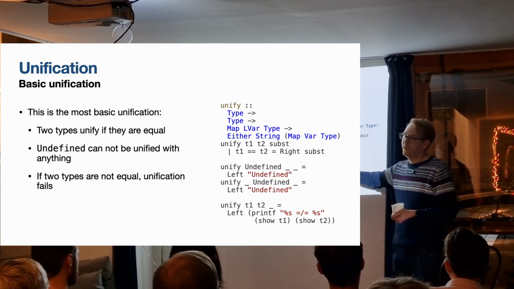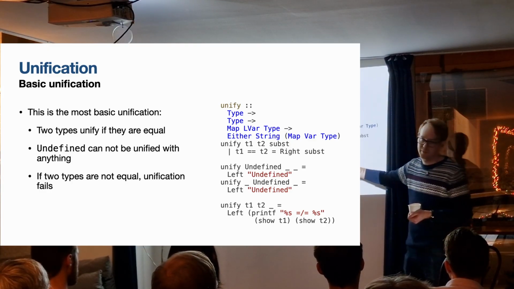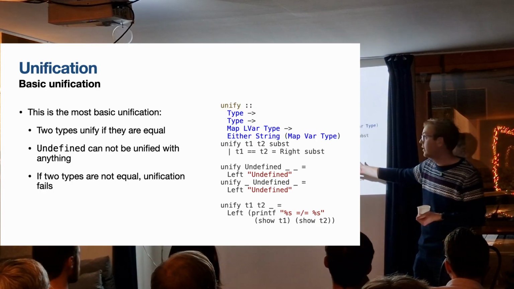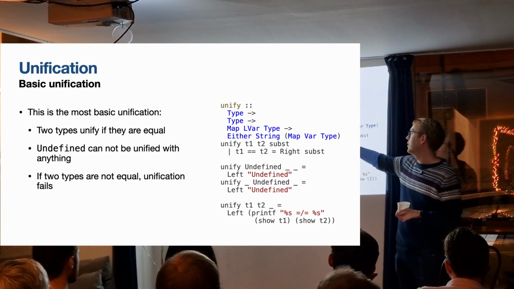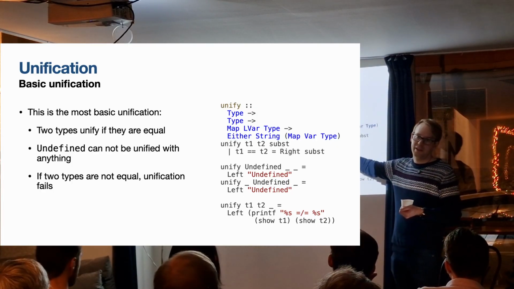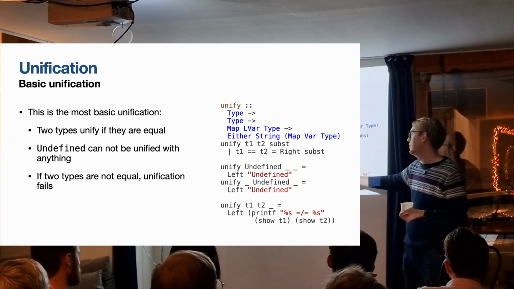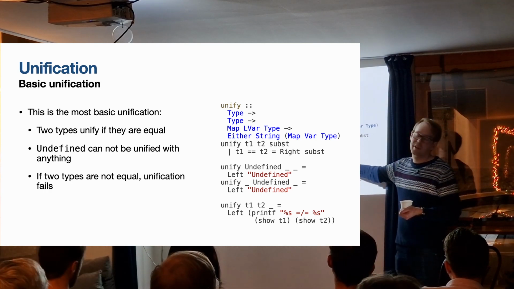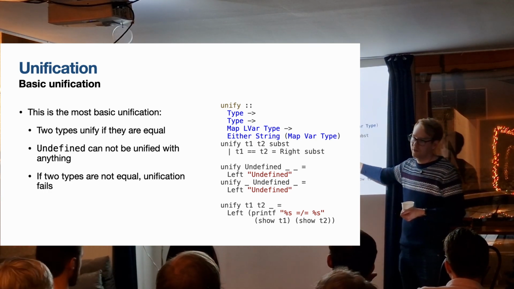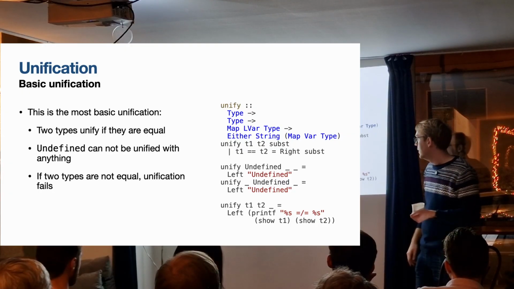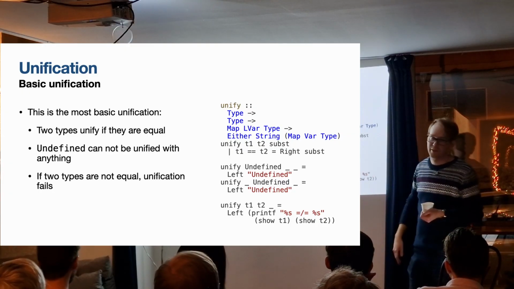And then as I mentioned, this is the part that actually can fail. So we have an either monad here. If we run into undefined, for example, we just return undefined and left, so it's an error.